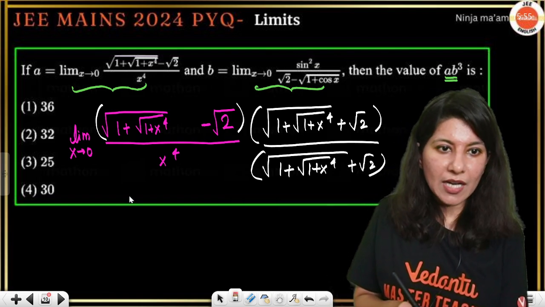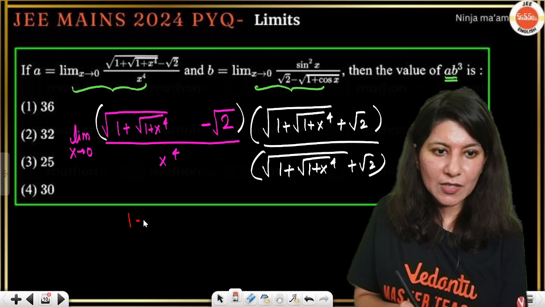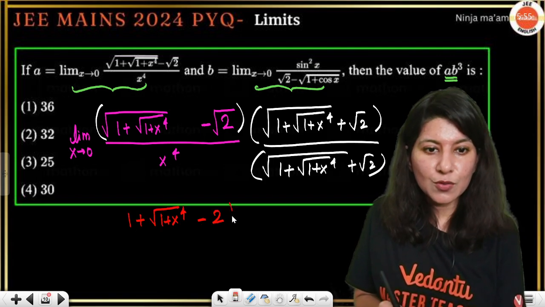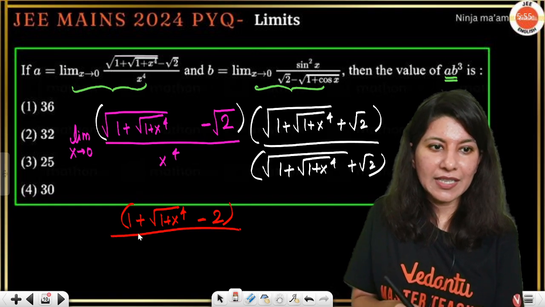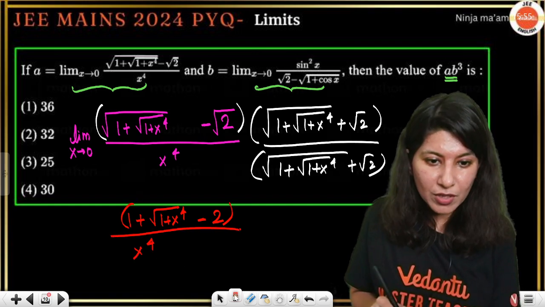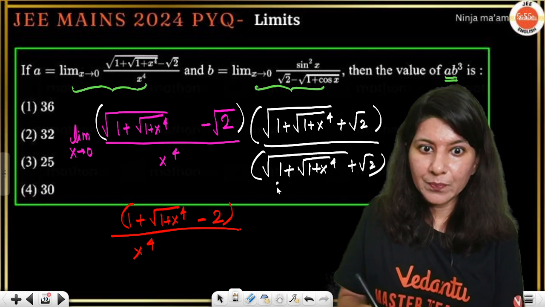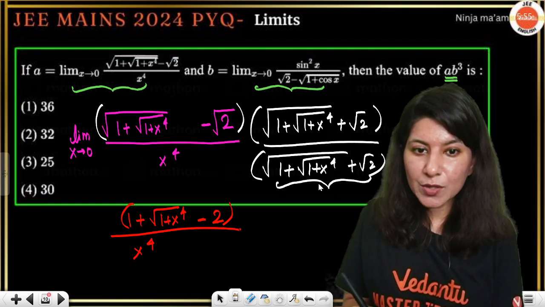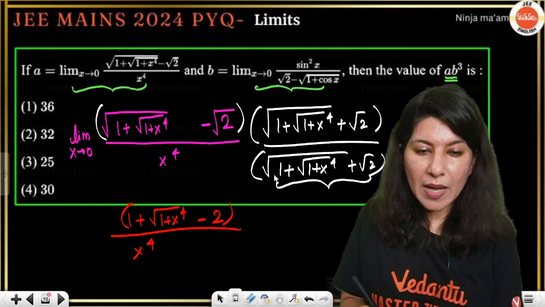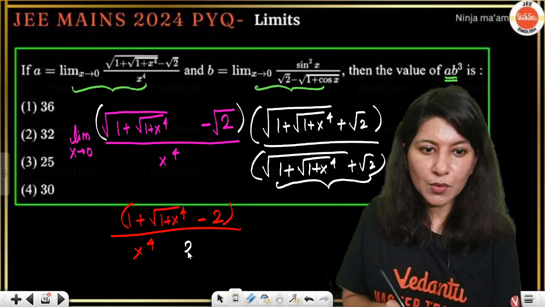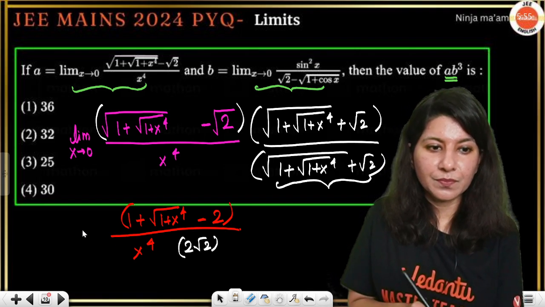The moment you start multiplying, a minus b times a plus b, so root 1 plus x power 4 minus 2 will be your numerator, and in the denominator x raised to power 4. Now, if you put x equals to 0 here, what will you get? Root of 1 plus 1, so that is root 2 plus root 2, 2 root 2.